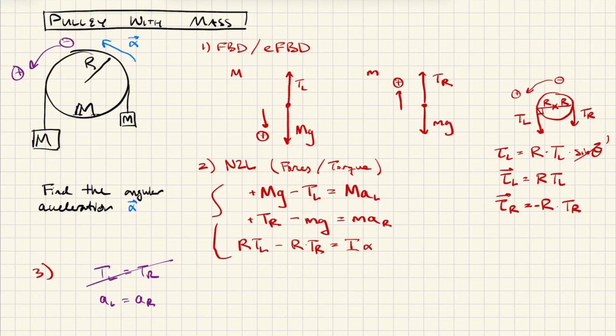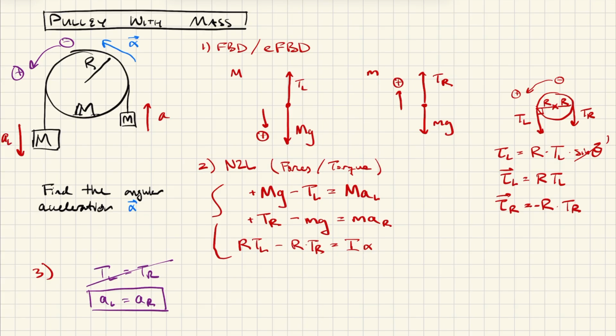It turns out this constraint still holds, right? As this pulley rotates, whatever rate the left thing is accelerating downwards at has to be the same as the rate that the right thing accelerates upwards at. This is still true because the rope is still taut and there's no bunching of the rope happening on the pulley, okay?